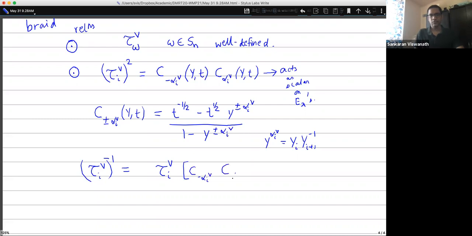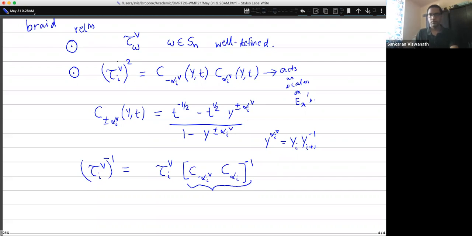So I'll just suppress the i's for the moment, times C alpha i inverse. Okay, but on the non-symmetric Macdonald polynomials, therefore, tau i inverse and tau i check inverse and tau i check just differ by a constant. So this is an additional constant that you're going to incur when you act on a non-symmetric Macdonald. Okay, so that's just something we'll come up later.